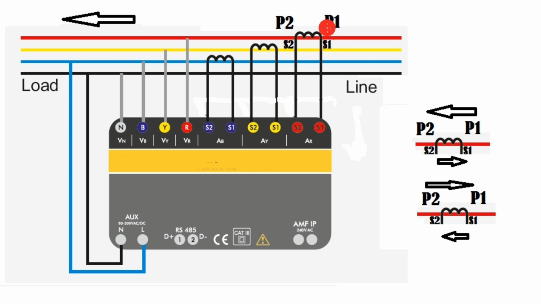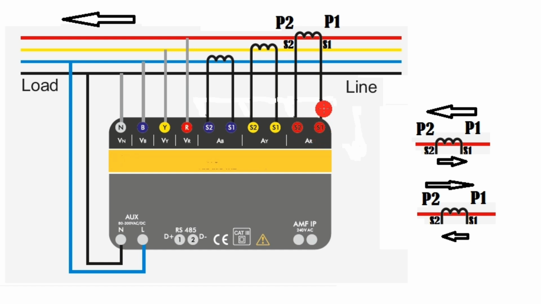Now, if current flows from the bus side towards the load side, that is from P1 to P2 direction, then the direction of the current will be from S2 to S1. Through the red phase CT coil, it will flow from S1 to S2 direction and come back to the S2 terminal of the CT secondary side. Now, if current flows from S1 to S2 direction, this CT coil shows the forward current.